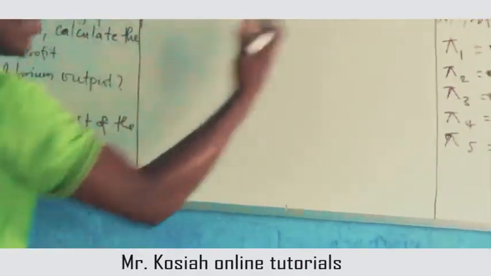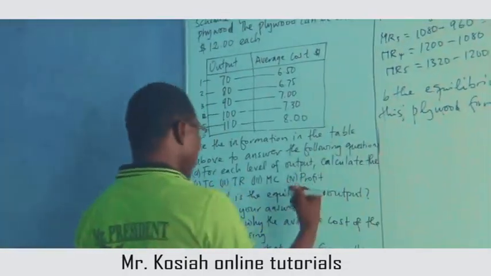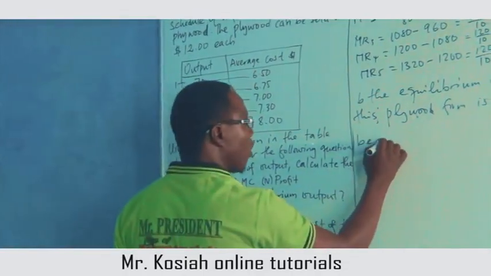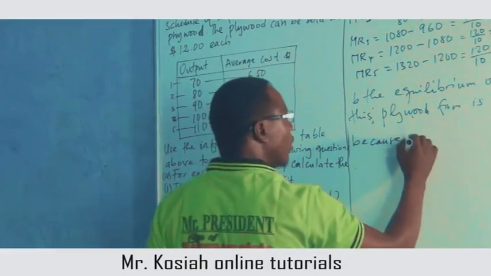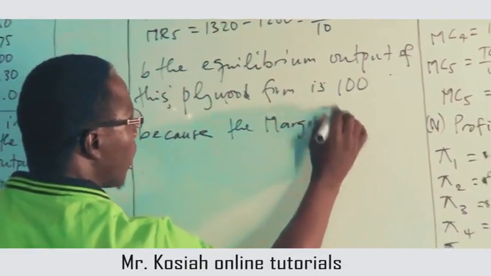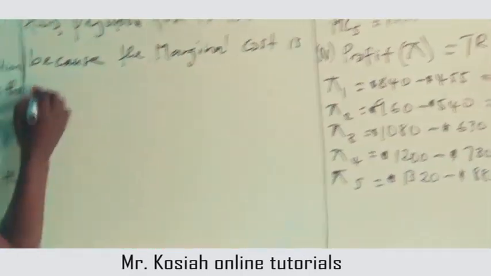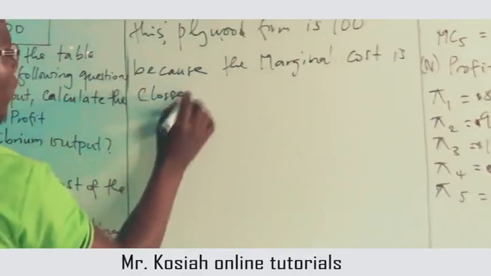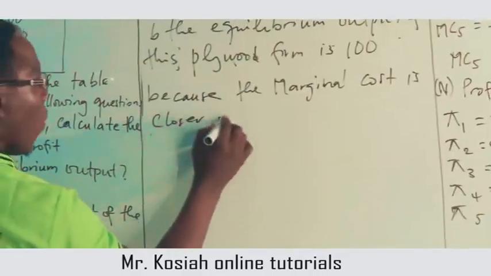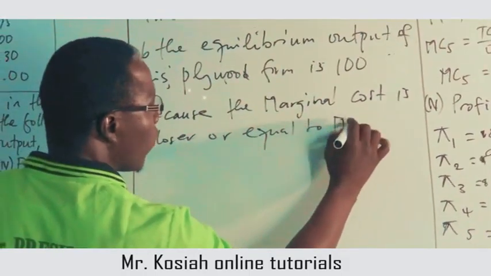So 100 output, we can say that. The reason is because the marginal cost is closer or equal to marginal revenue.